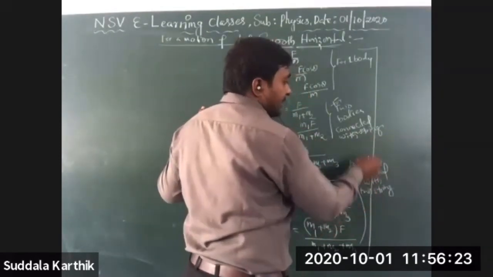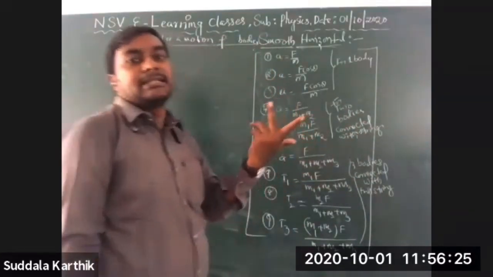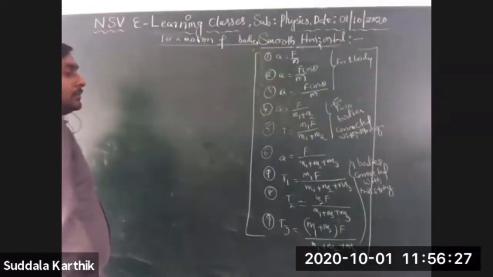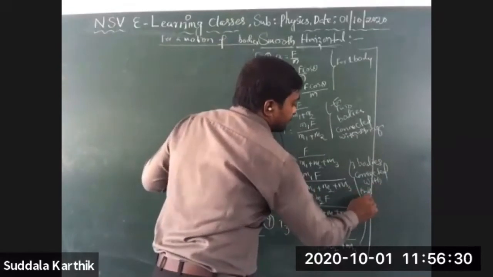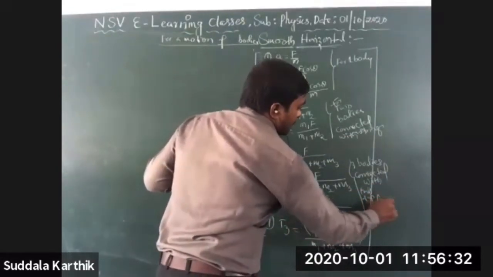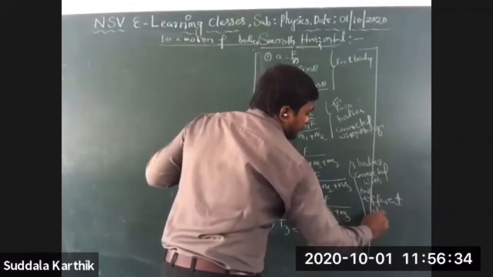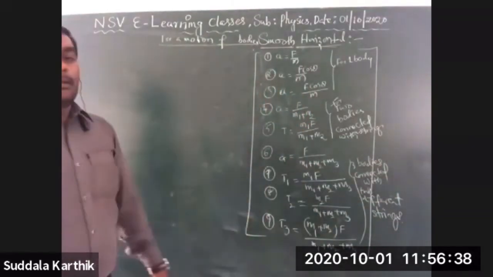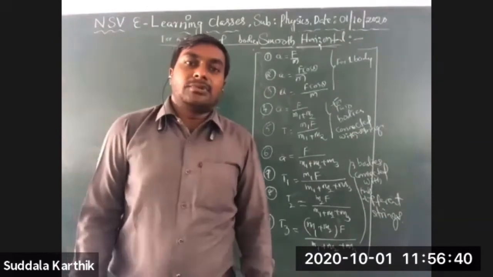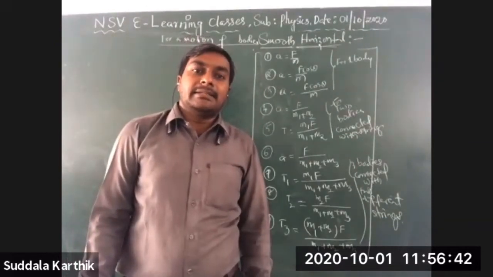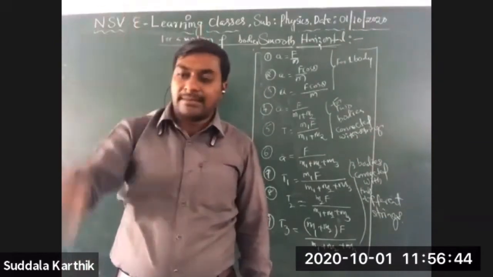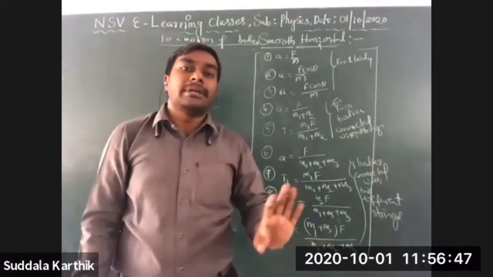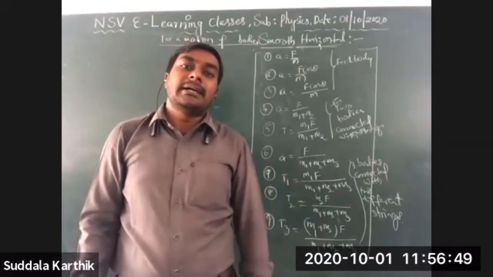Here only one string is there, so only one tension force, capital T, is there. This is about the motion of bodies on a smooth horizontal surface.